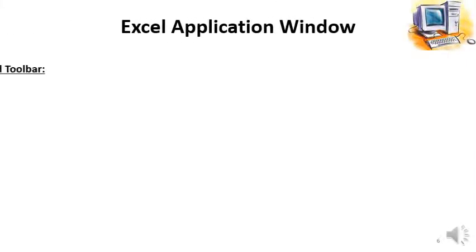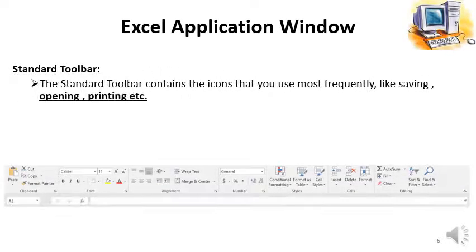Okay, third component, that is standard toolbar. The standard toolbar contains the icons that we use most frequently, like saving, opening, printing, etc. Here you can see that under the Home tab this standard toolbar is available, which contains several commands, several options.